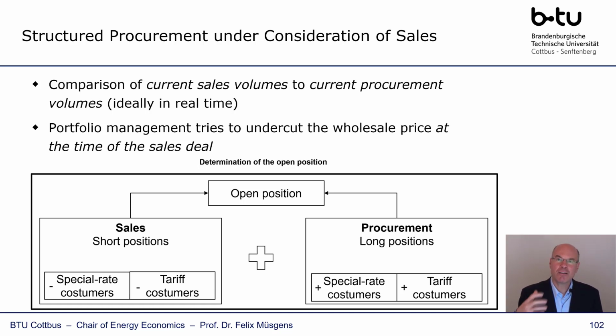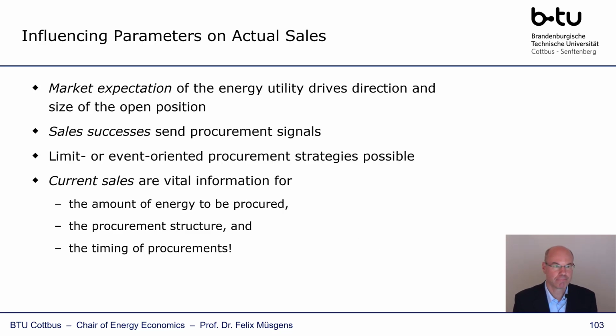So they will not be able to, the wholesale price is the wholesale price. But by waiting, they may get a better deal than what the wholesale price today is. Okay, the graph just shows how we derive the open position. This should now be clear, I would say.